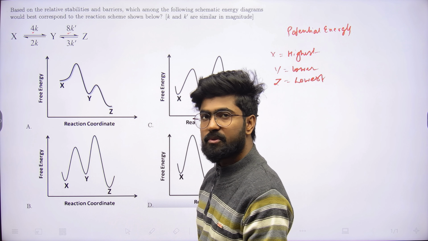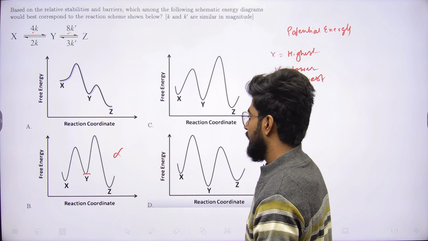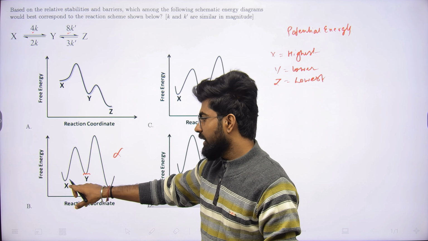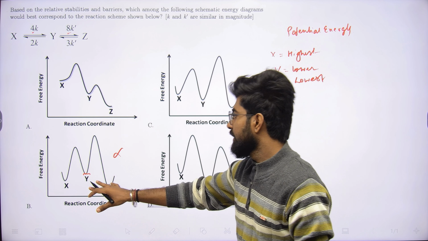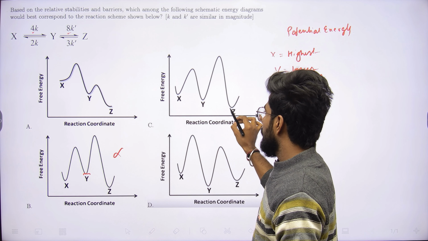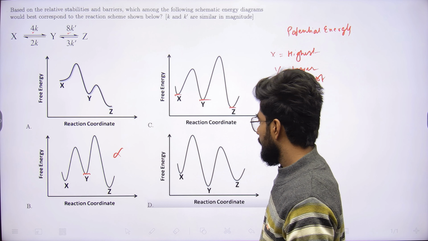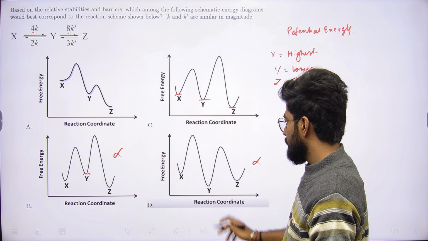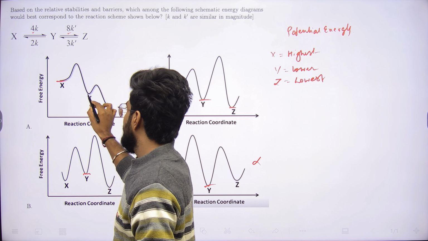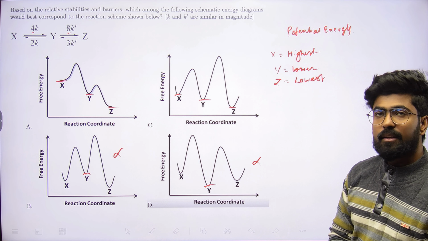Can the B one be the right option? No, because Y's energy is more than X. Z is fine, but Y being more than X is incorrect. Now C could be a good option because the gradual decrease in the free energy is visible, but D is again the wrong option due to this Y. Now A is also a perfect candidate because X, Y, Z have a constant decrease in the free energy.